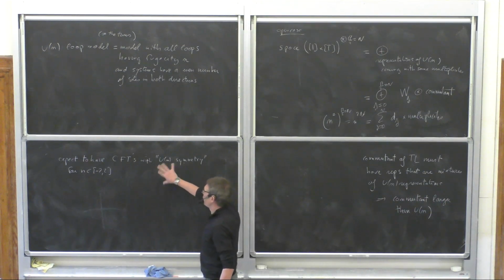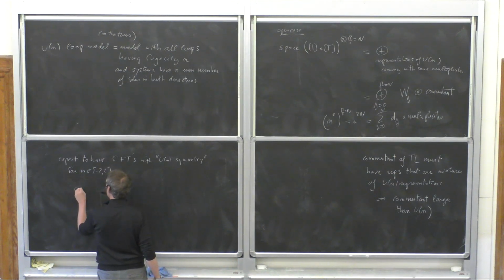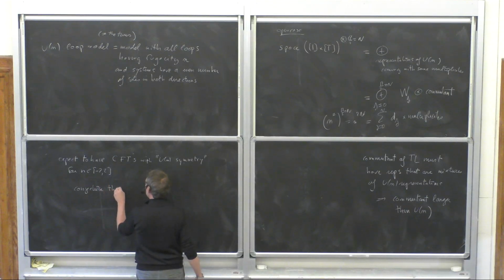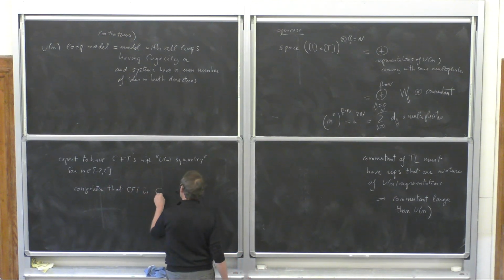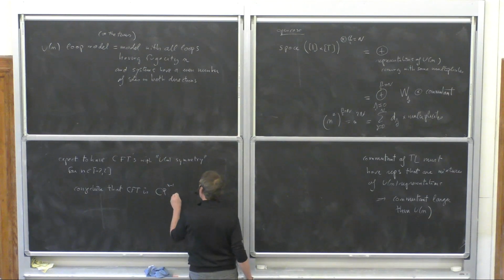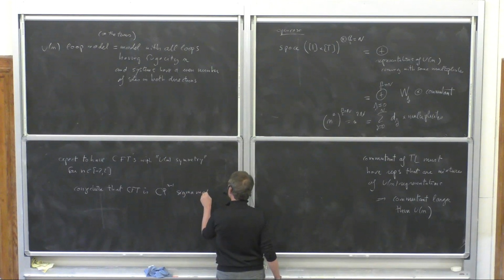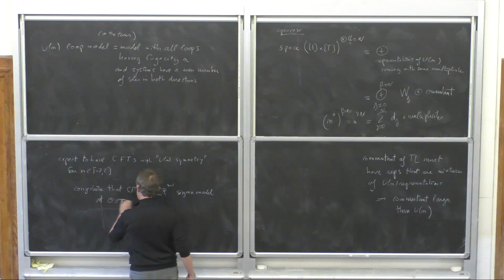So we expect to have CFTs with this symmetry, and it so happens, so there's a conjecture that the CFT is the complex projective sigma model, the CP^{n-1} sigma model, at theta equals pi.